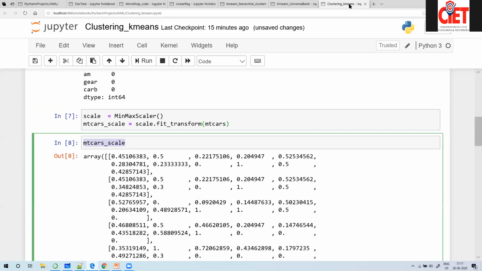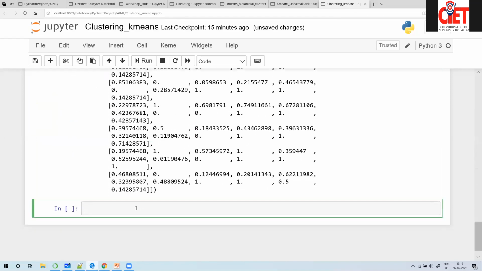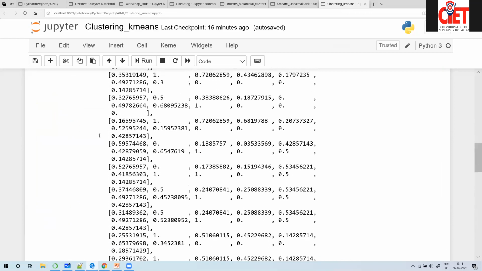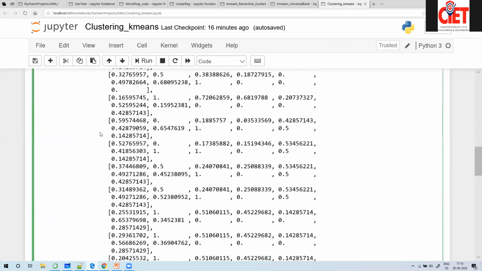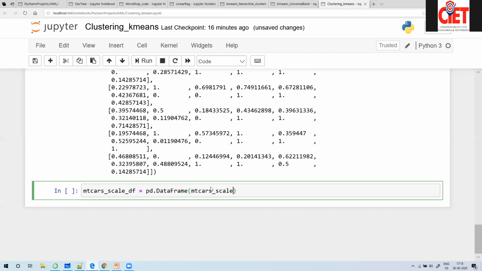We can convert this to a data frame, not a big deal. empty_cars_scale_data_frame is equal to pd.DataFrame of empty_cars_scale, comma, columns equal to empty_cars.columns, comma, index equal to empty_cars.index.